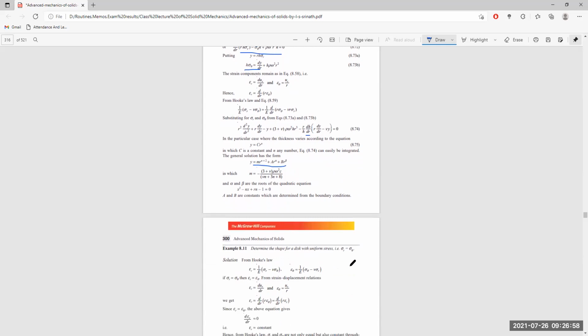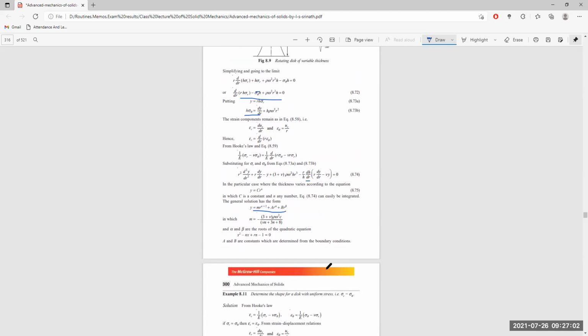Now let us go through one problem, but more or less it is similar. Initially, we are thinking about a differential element at a distance r from the center, which is the radial distance, and this differential element has a radial length equal to delta r, and the angle subtended, this angular length, is equal to delta theta.